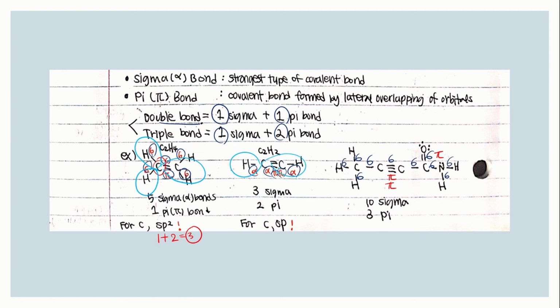It doesn't matter what type of bond it is. Even if it's a triple bond, it counts as 1 charge cloud. So 2 charge clouds, sp hybridization. And for this molecule, this C has 4 charge clouds. So it will be sp3 hybridization.